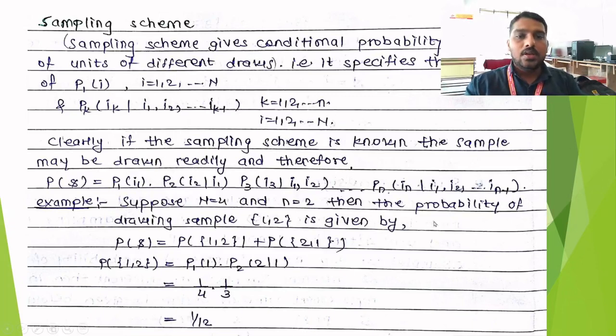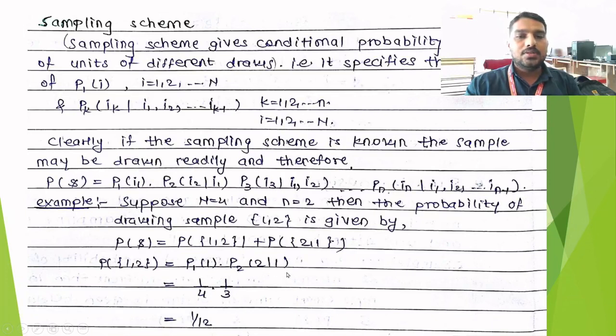And if we consider without replacement, the probability of S is equal to the probability of happening 1, 2 plus the probability of happening 2, 1. That is equal to the probability of happening 1, which is 1 by 4, and second is the conditional probability of happening the second unit, given that the first unit has happened.